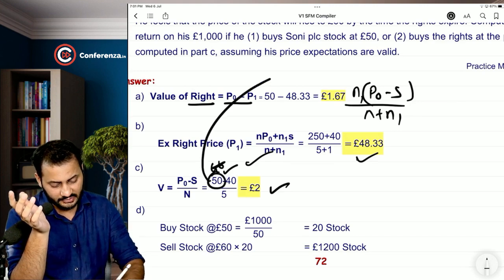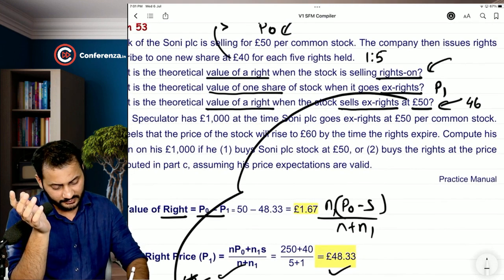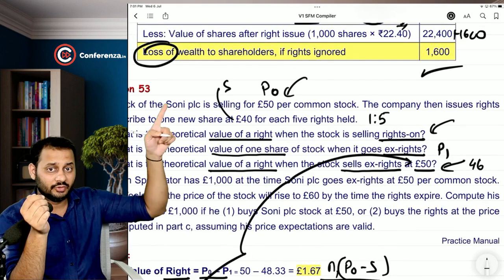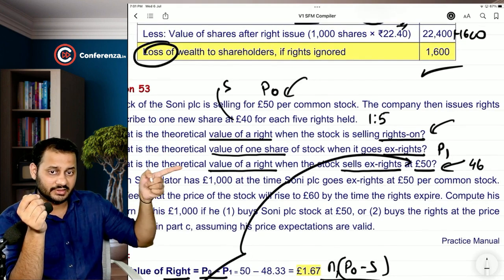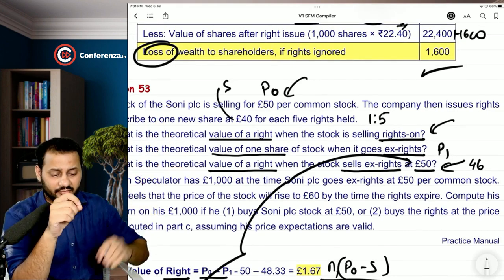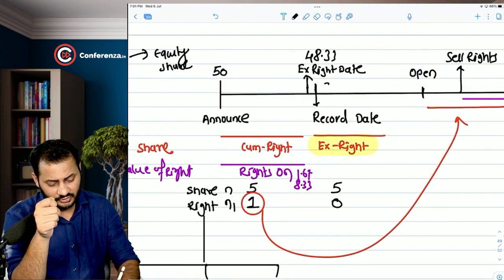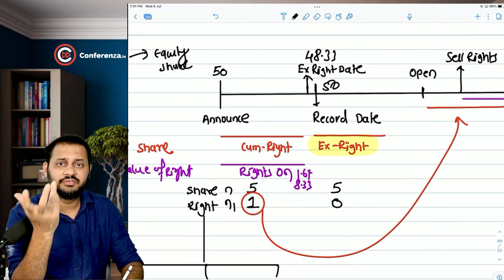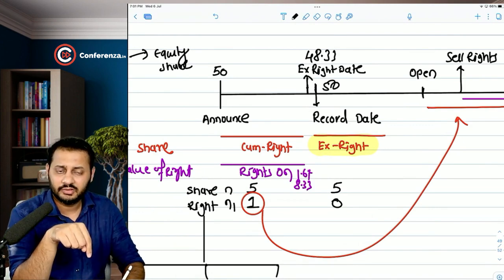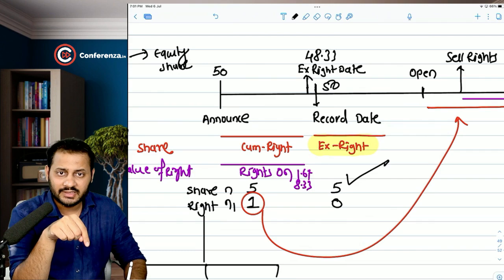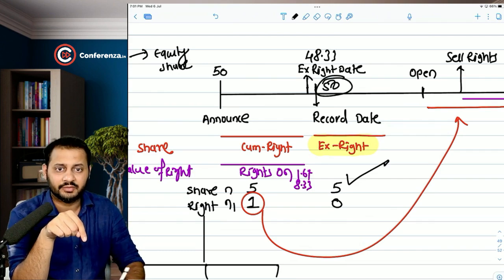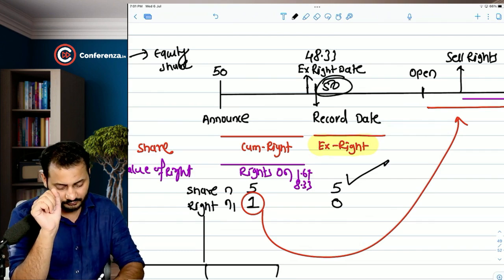This 50 is not the P0, but the price when the stock is selling X right at 50. So imagine it like this, it is 50 and here also it is 50. So which 50 has to be taken in the example? If we want to calculate the right price at this point, we will have to take this 50. Getting it? Okay.